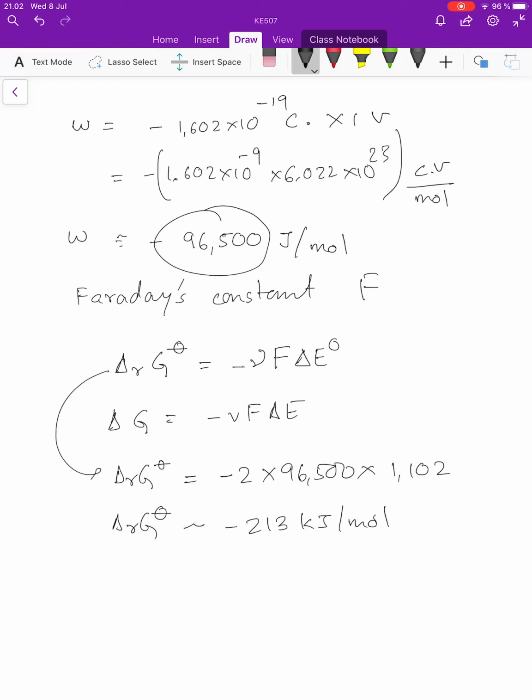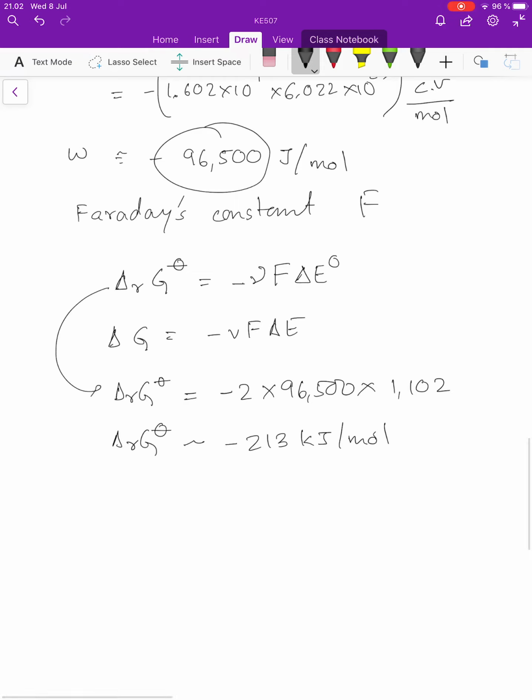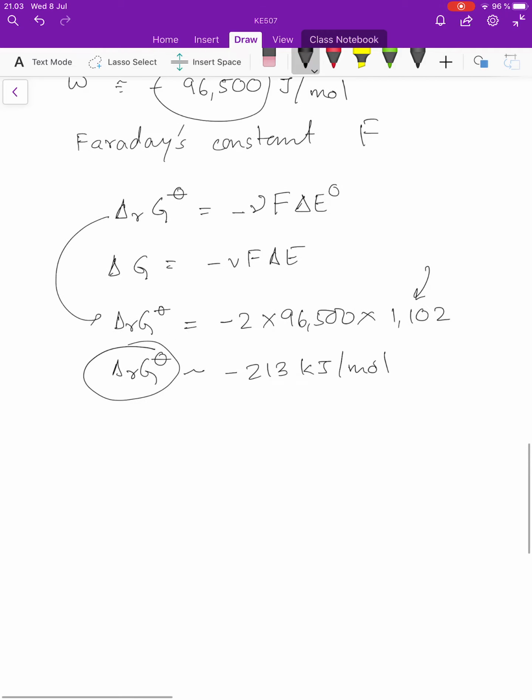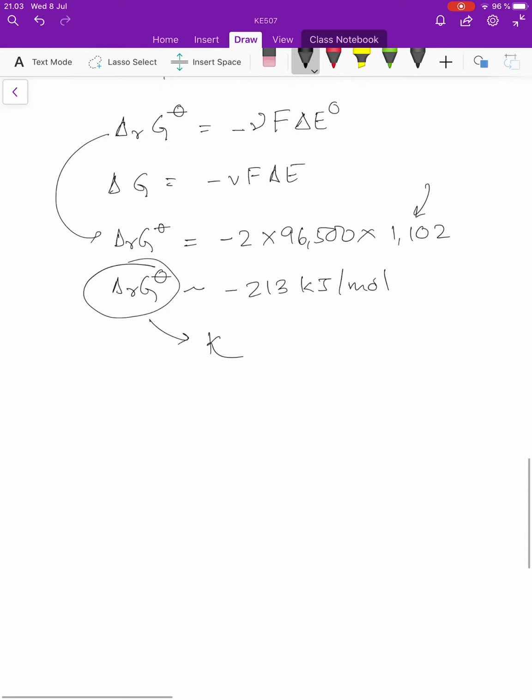What you may have noticed here is that if you know the value of the standard cell potential, you can calculate the standard reaction Gibbs free energy. And since you can calculate the standard reaction Gibbs free energy, you can also calculate the equilibrium constant. So these are two simple applications of these standard cell potentials.